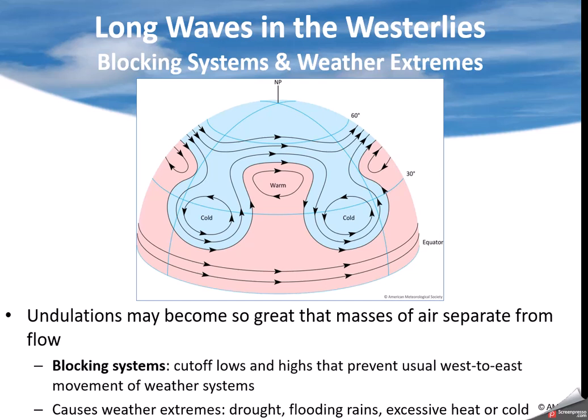So what these do is they cause a lot of either rain or cold, maybe dry. They're going to bring extremes because they're persistent. They stay over an area for a long time. It's actually one of the things meteorologists look for, to see if a blocking pattern is going to set up, because if it is, we may be dealing with significant bad weather of some type.